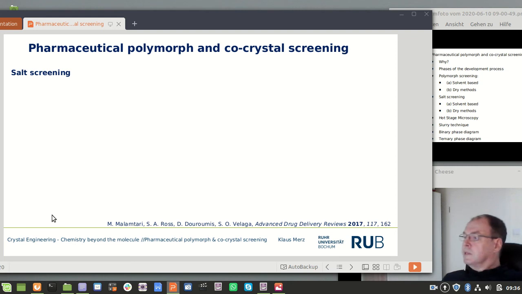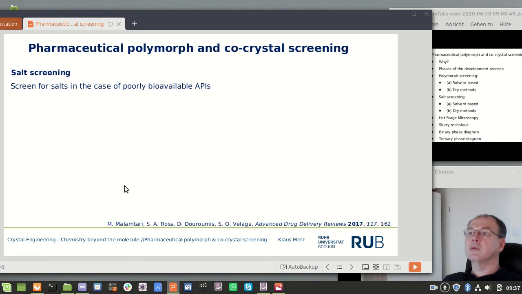The next point in polymorph or general development of APIs is salt screening. Salt screening, so not co-crystal screening, but salt screening. This is always important if you have a drug with extremely poor solubility and poor bioavailability.